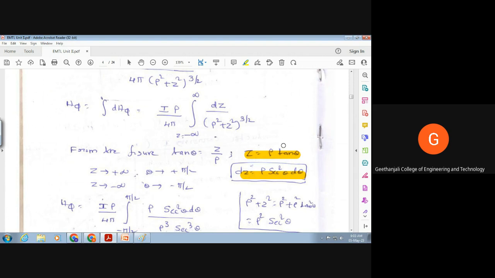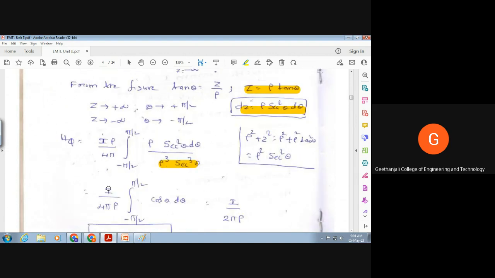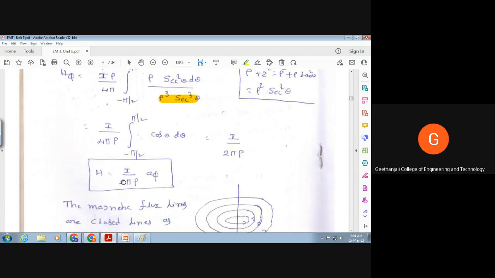So rho square secant square theta whole to the power of 3 by 2 means rho cube secant cube theta. This expression becomes I by 4 pi rho times the integral of cos theta d theta from minus pi by 2 to plus pi by 2. So finally H phi is equal to I by 2 pi rho, or H is equal to I by 2 pi rho a phi.